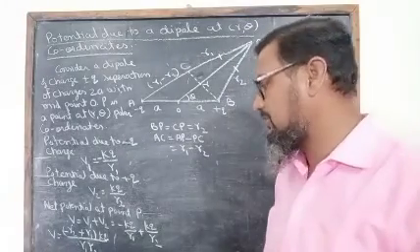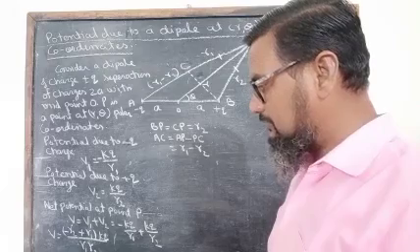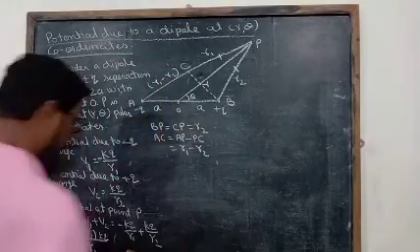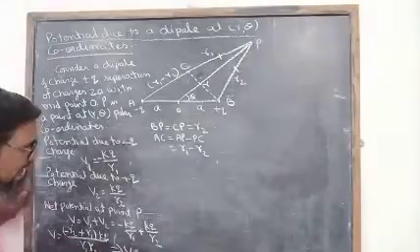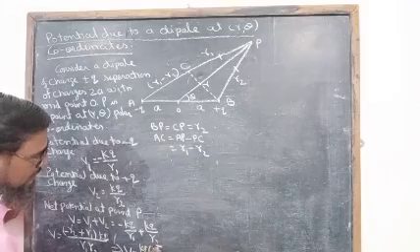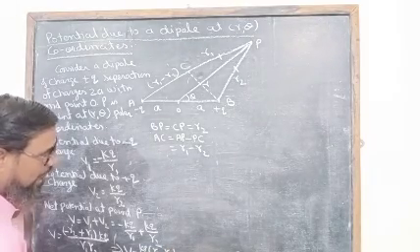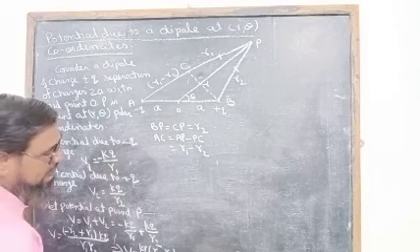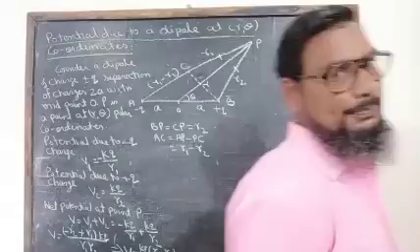So we shall get V is equal to kq into (R1 minus R2) upon R1 R2. This is the net potential at point P.